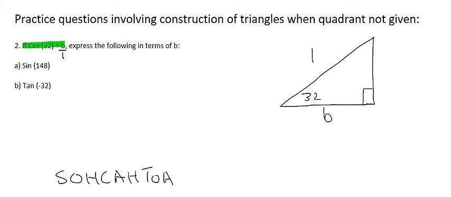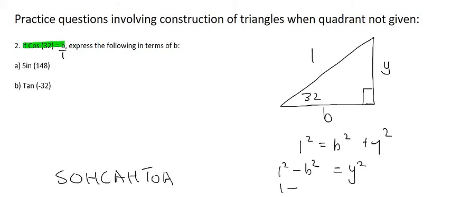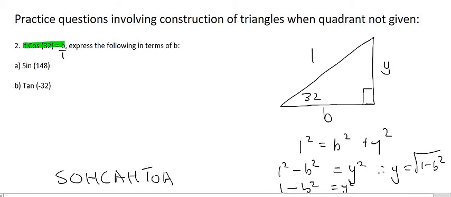You would then use Pythagoras to find this side, which I'm going to call y. So 1 squared is equal to b squared plus y squared. I'm going to keep the y on the right and take the b squared over, and 1 squared is just 1. Then I'm going to square root to get y by itself, and that's going to give us y is equal to the square root of 1 minus b squared.